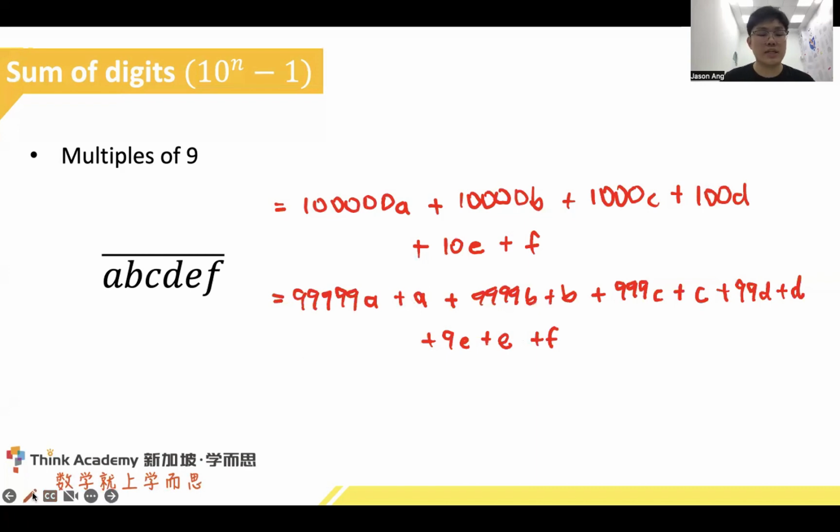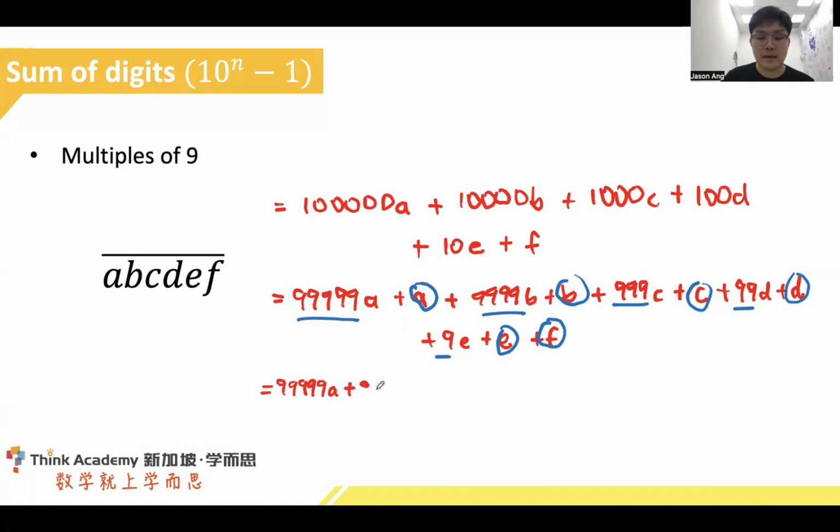Do you notice that each of these sets of numbers, 99999, 9999, 999, 99, 9, are all divisible by 9 or 3 already in this case. So we don't even need to look at these numbers. We only need to look at the remaining digits, A, B, C, D, E, and F. So let me try to regroup for you so it's going to be much easier to see. Okay, we're not going to be focusing on the one in red.